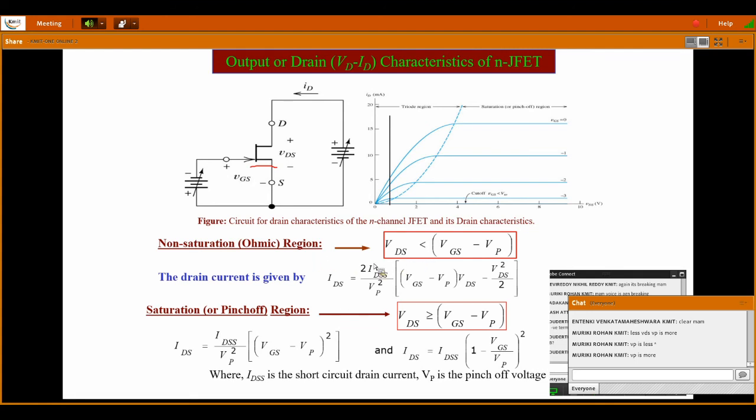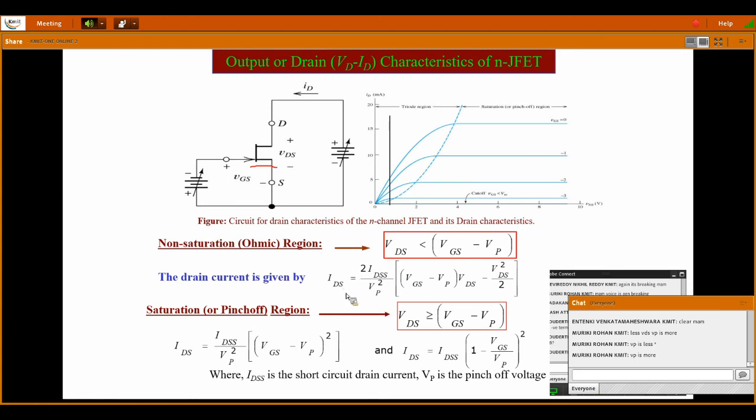First one is the non-saturation or ohmic region, where VDS is varying and ID is increasing. So VDS is less than VGS minus VP, and this VGS will be almost 0, and it can also be negative, but when VGS is negative, the ohmic region is very small, because pinch off is reached at low values of VDS.